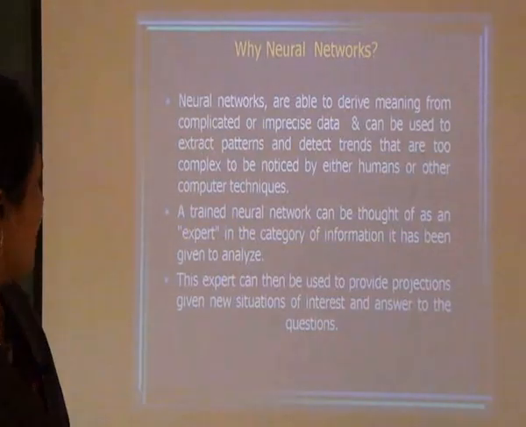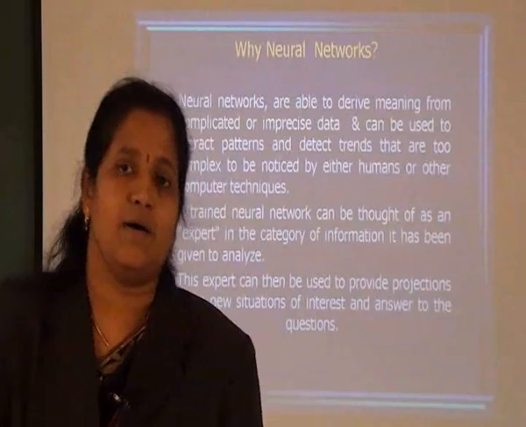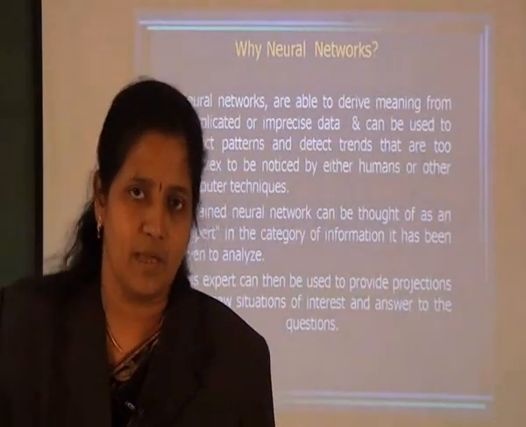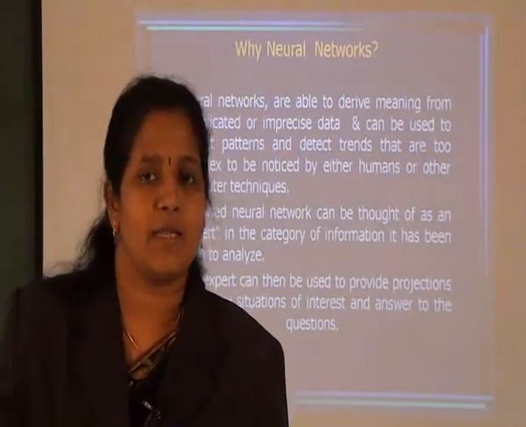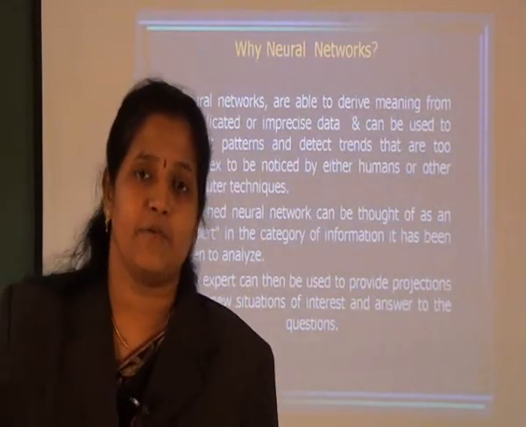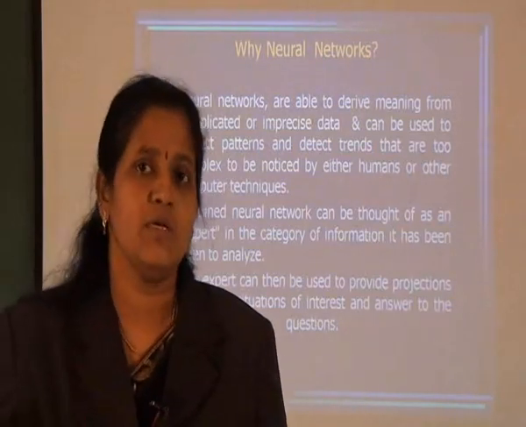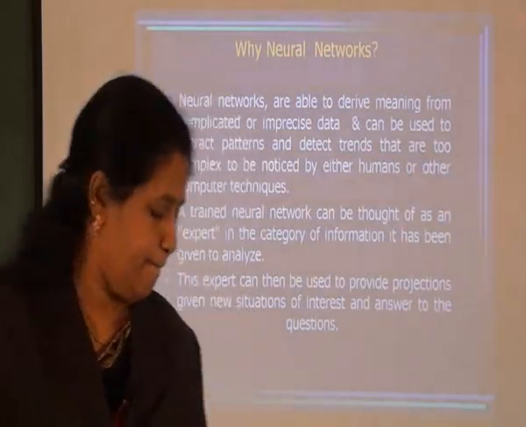So this expert can then be used to provide projections in new situations. Suppose in future you give any different kind of data, then it will be able to give new projections, or new predictions in that area.